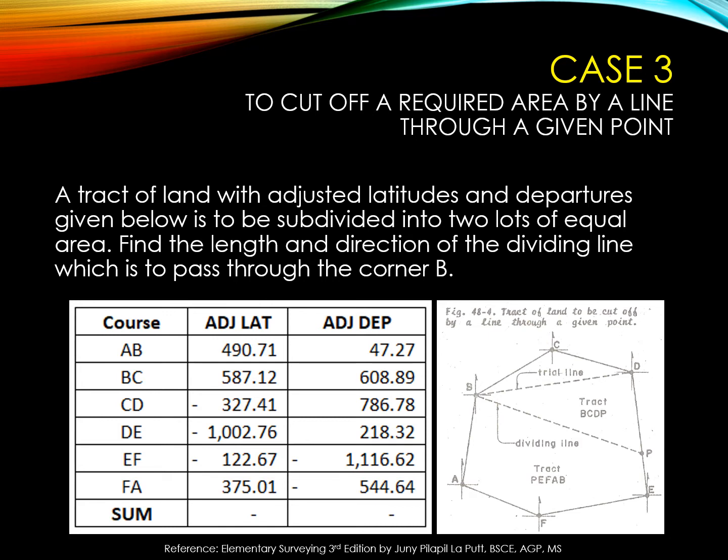Case number 3. To cut off a required area by a line through a given point. So, ayan, a tract of land with adjusted latitudes and departures given below is to be subdivided into 2 lots of equal area.